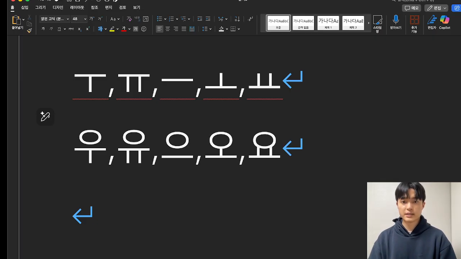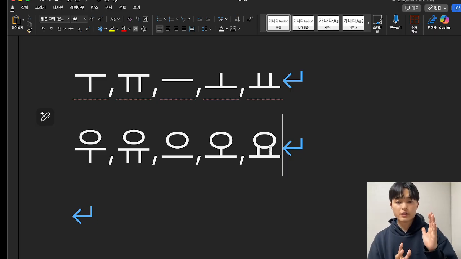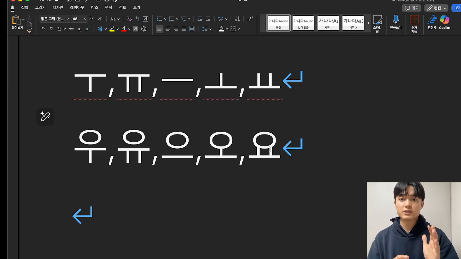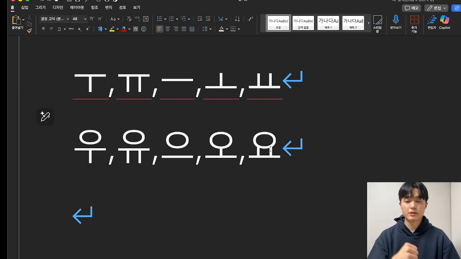So like this, you can distinguish: if the vowel contains a vertical line, we put the consonant on the left side. But if the vowel contains a horizontal line, we put the consonant on the top. So like this, you can distinguish and write Korean words more correctly.